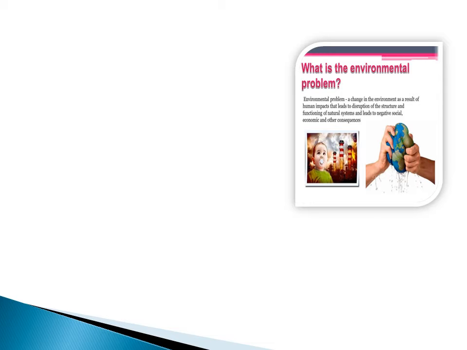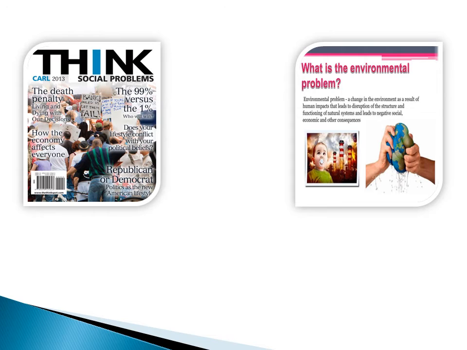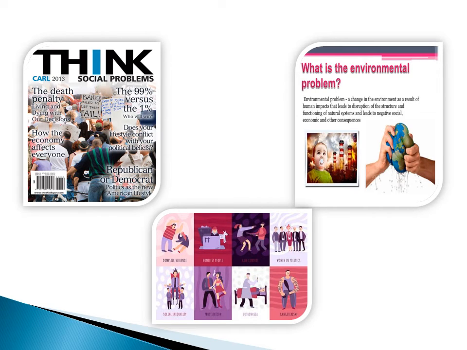What are environmental problems? And what are social problems? Environmental problem: a change in the environment as a result of human impacts that leads to disruption of the structure and the functioning of natural systems and leads to negative social, economic, and other consequences.